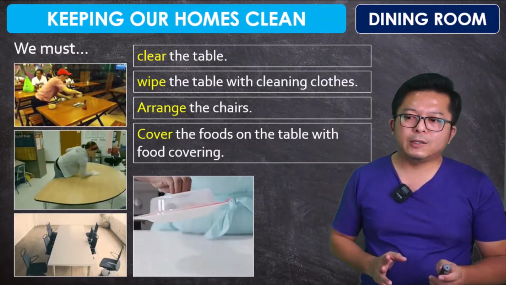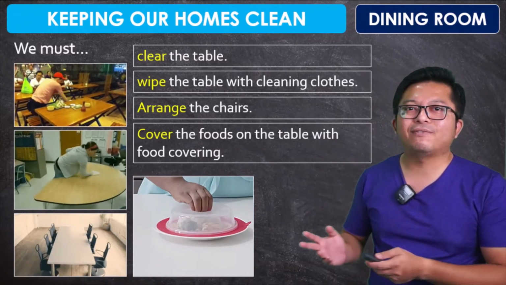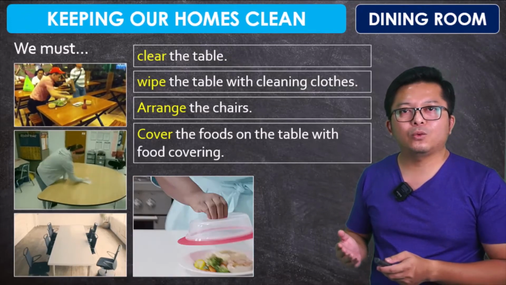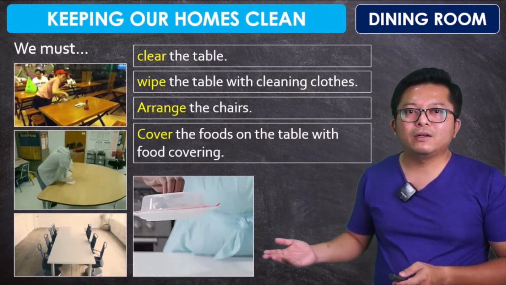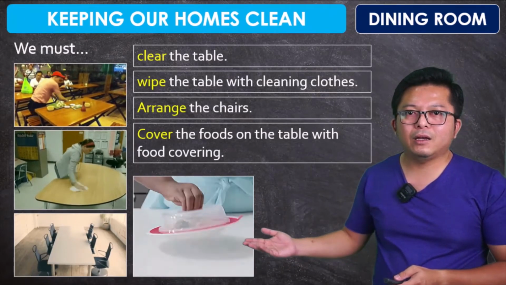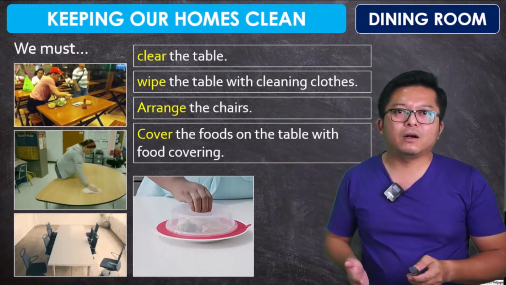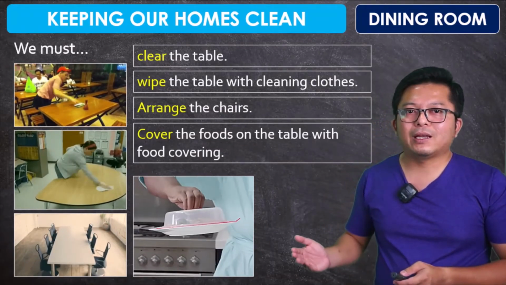Sometimes, especially breakfast, we have leftover foods that we want to eat later. So we need to cover the food, like here, with a food cover. If we cover our food, at least it is safe to eat later.